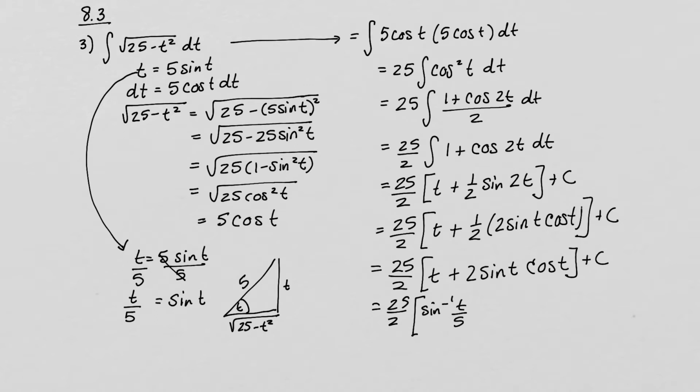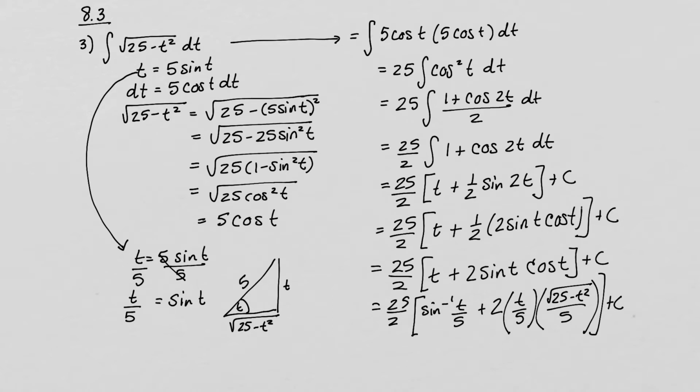That's how I'm going to get back to t. Plus 2, the sine is t over 5. The cosine is the square root of 25 minus t squared over 5, plus c. So that's the first one. And yeah, my using t in two places is kind of a little problematic.